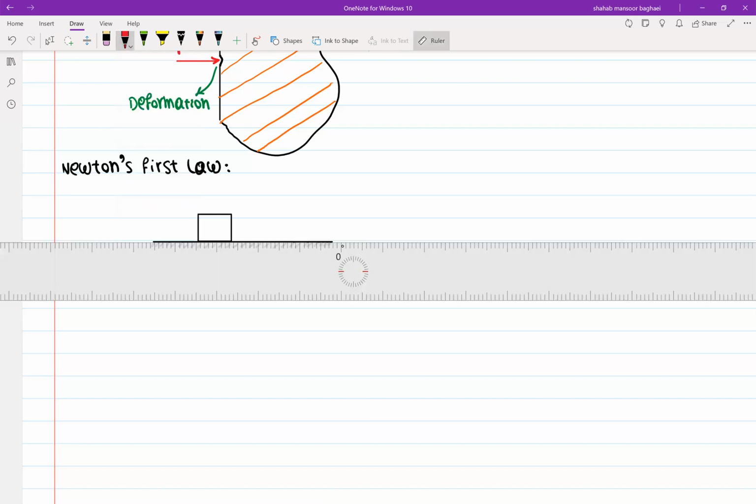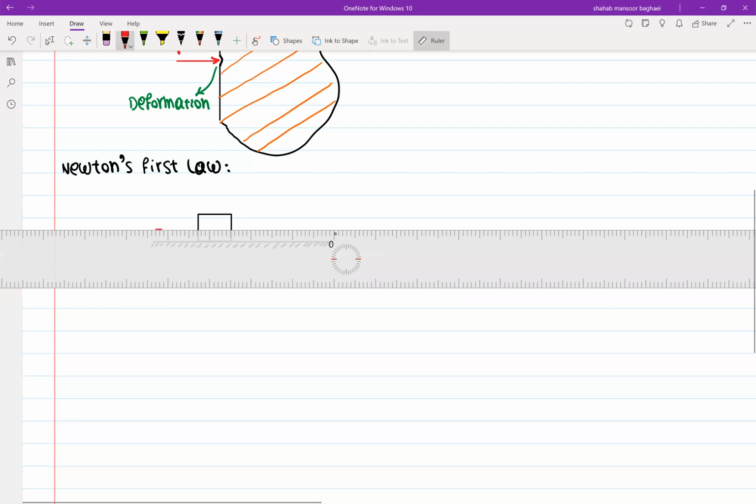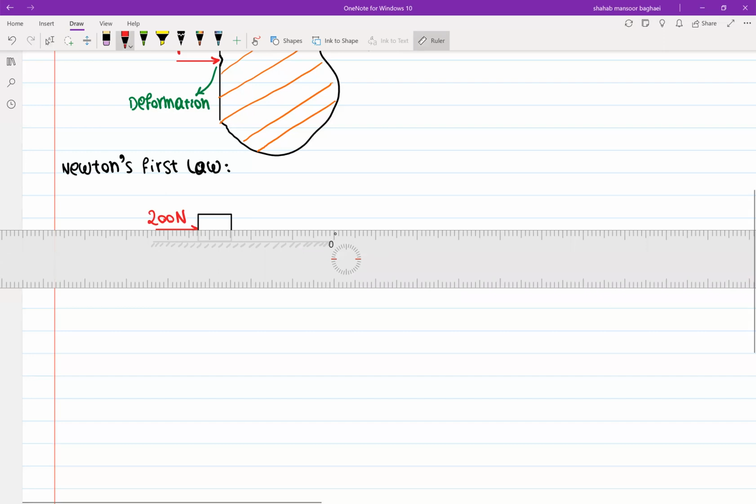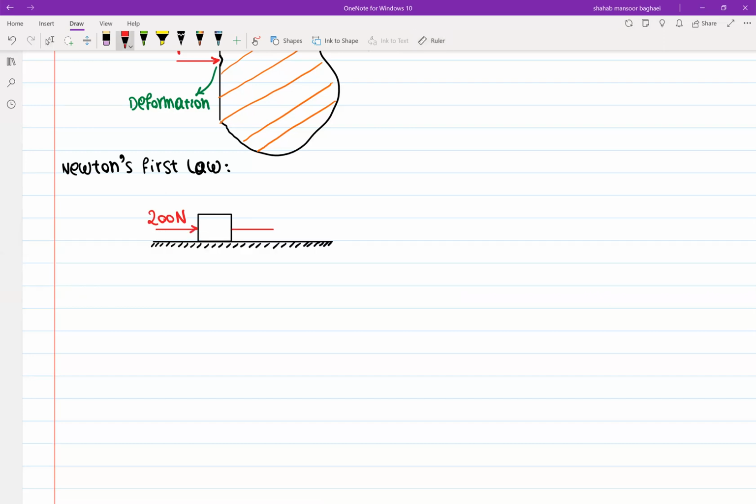For example, you have 200 newtons of force to the right on this block, and you have the same force, 200 newtons, to the left applied on this block.